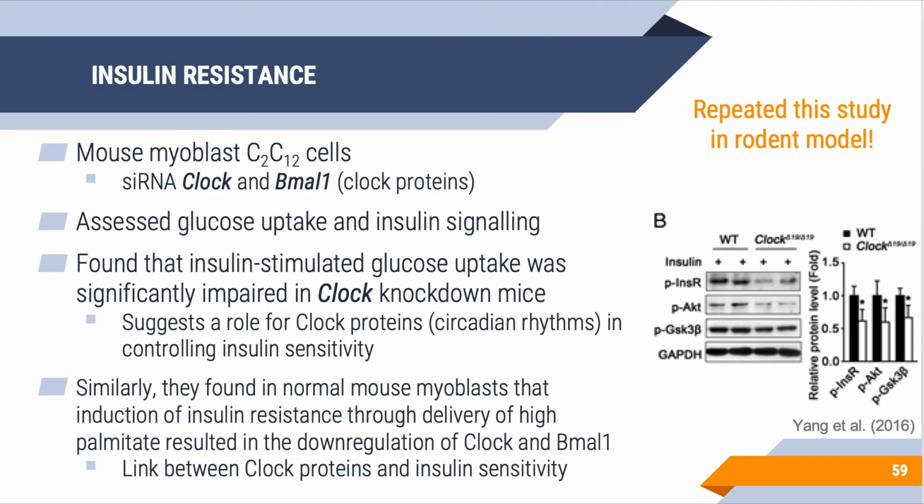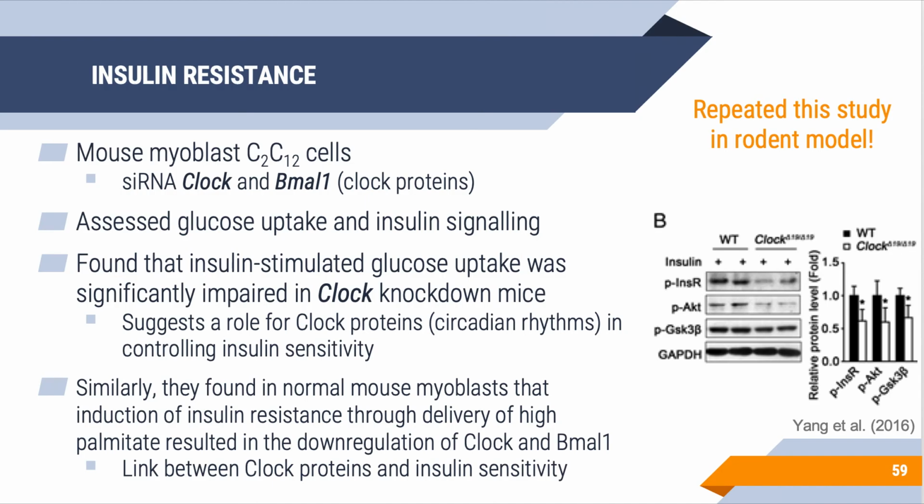Once they silenced these clock proteins, they assessed glucose uptake and insulin signaling. What they found was that insulin-stimulated glucose uptake was impaired with the knockdown of the clock proteins, suggesting a role for clock proteins or circadian rhythms in controlling insulin sensitivity.